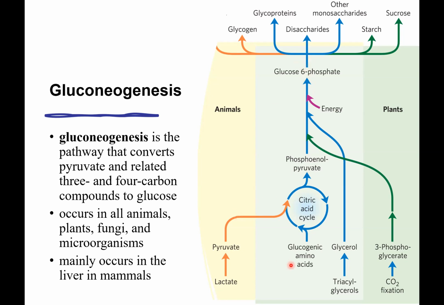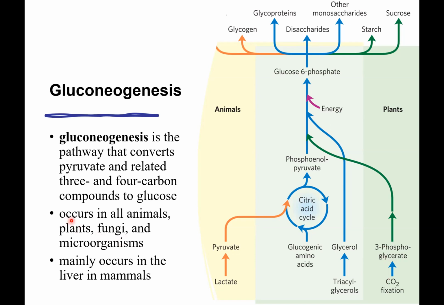There are other players, as mentioned. There are glucogenic amino acids. Glycerol from triacylglycerols can go into the pathway at a different point. And in plants, which we're really not going to talk about very much, they have their own way of doing this, 3-phosphoglycerate after carbon dioxide fixation.